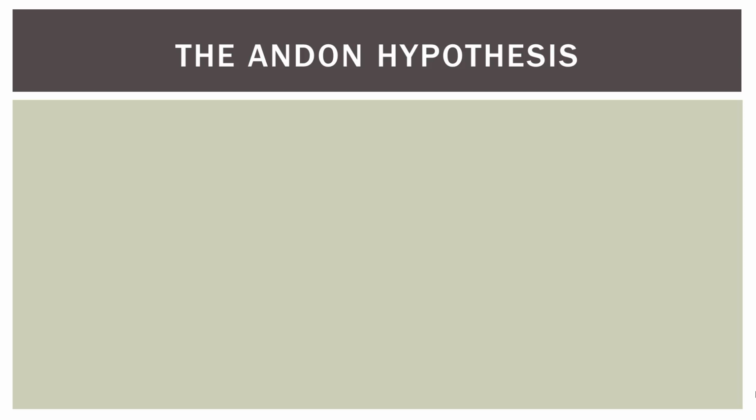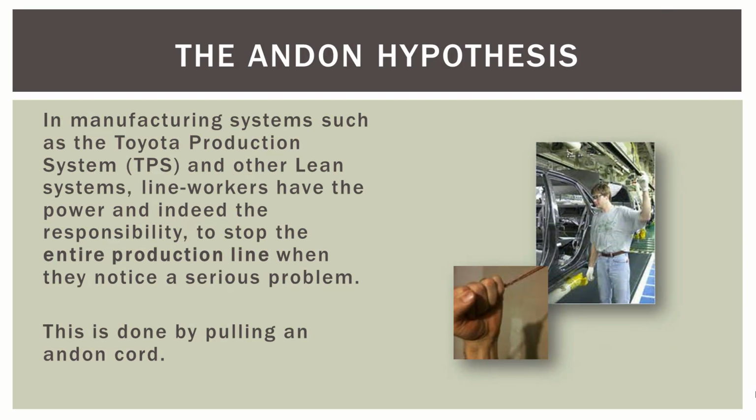So let's look at another example, and I call this the andon hypothesis. Now you're probably thinking, what is that? Well, here's what it is. In a manufacturing system such as the Toyota production system, so Toyota, the car company, and other lean systems, line workers have the power and indeed the responsibility to stop the entire production line when they notice a serious problem.